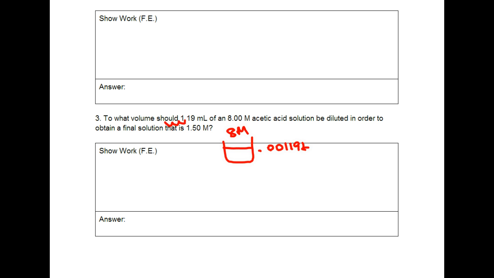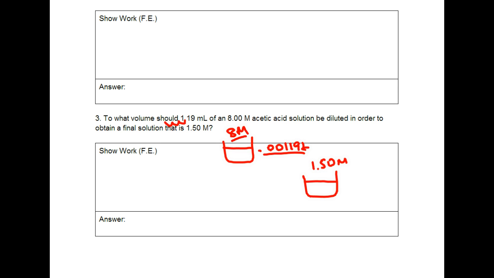So we're working with a very small quantity. To what volume should that solution be diluted in order to obtain a final solution that is 1.50 molar?